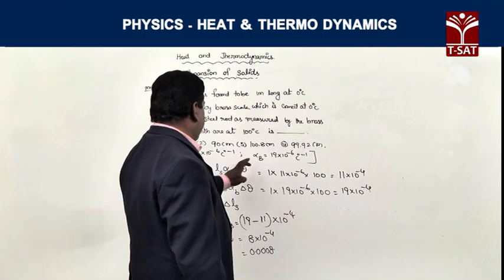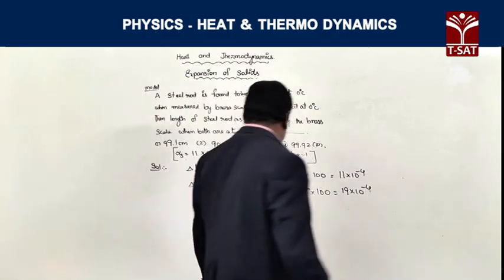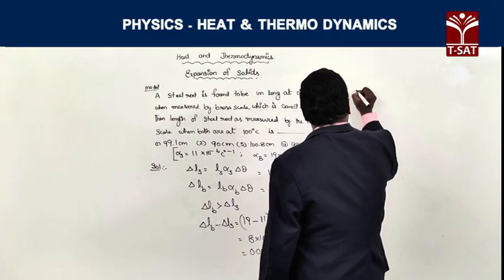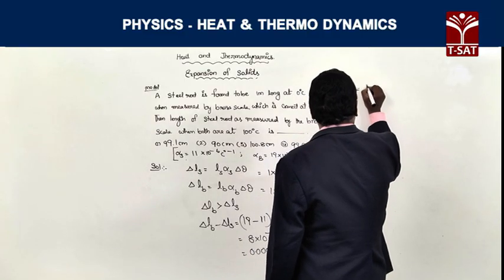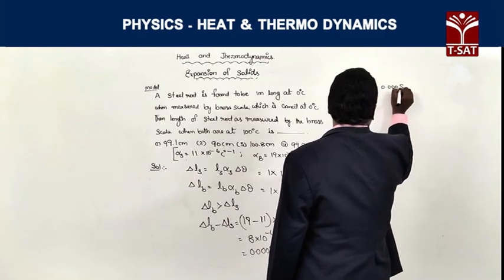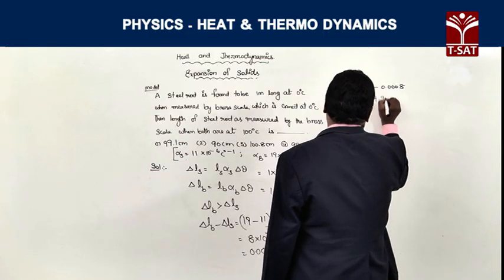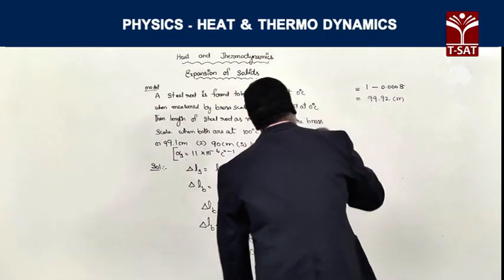Here alpha b is greater than alpha s, therefore the reading of the scale is equal to 1 meter minus 0.008, which we obtain as 99.92 centimeters, which is our fourth option.